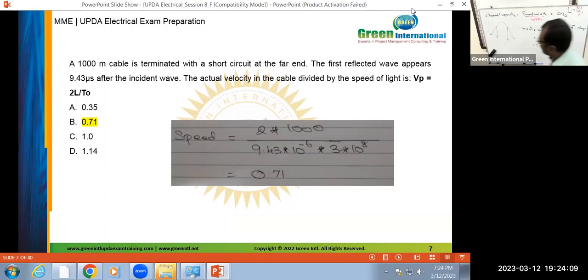Here we need to find the speed, which is equal to 2 into distance divided by time. For some questions they give a key, that is, they give the formula also. So speed is equal to 2 into distance.